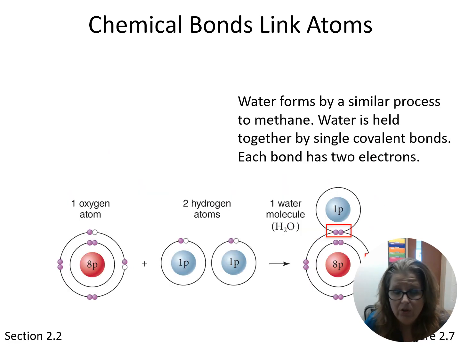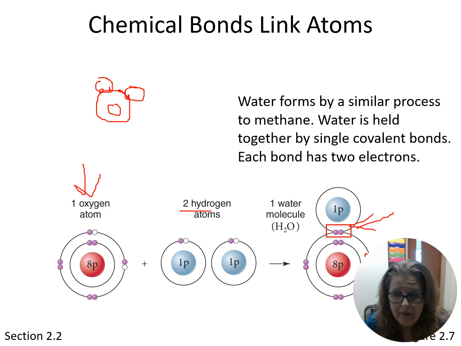Let's talk about water. Water is very similar to methane. This time you have an oxygen atom and 2 hydrogen atoms, and I'm going to sketch it over here. Between each hydrogen atom and the oxygen, they're sharing 2 electrons, and you can see it right here in this part of the picture.